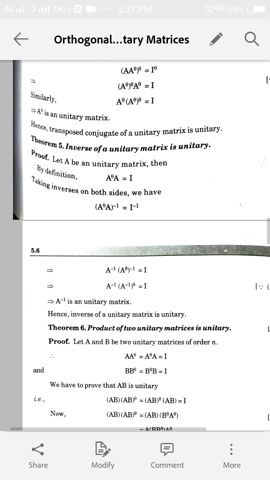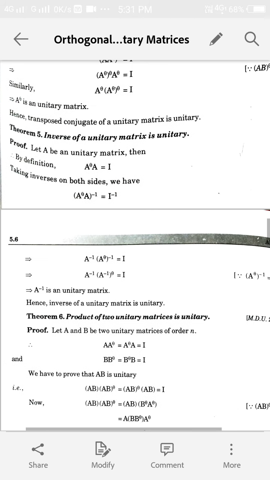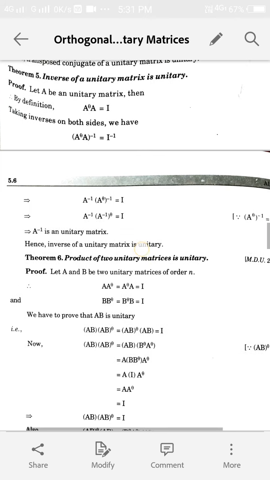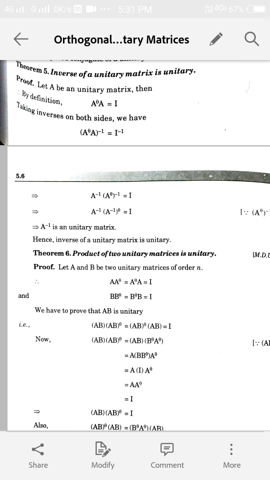Next theorem. The inverse of a unitary matrix is unitary. Here we are to prove that if a matrix is unitary, then its inverse will again be a unitary matrix. Let us consider A to be a unitary matrix. Then we can write A theta into A equal to identity. Taking inverse on both sides, A theta into A inverse, that will be equal to identity inverse.